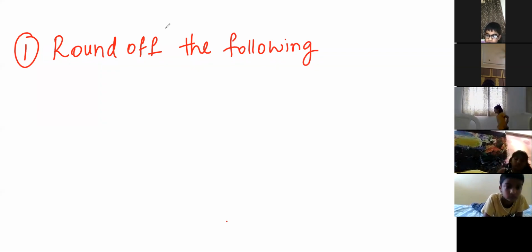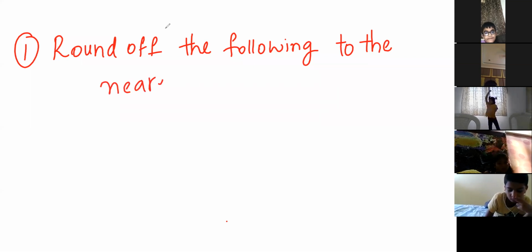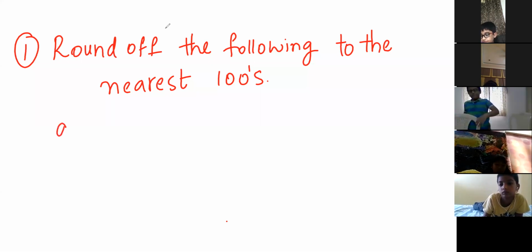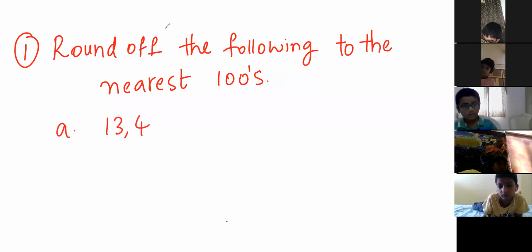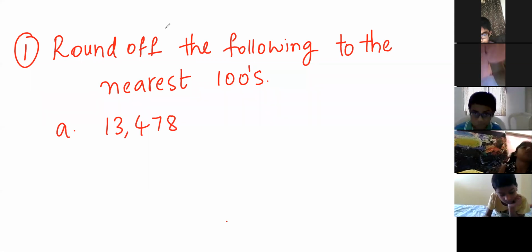Dharvin, come back. Round off the following to the nearest hundreds. Let us take one number now. It's 13,478. How do we have to round off this number?